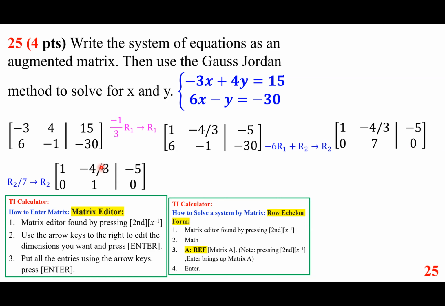To do that, you add 4/3 of R2 to it. When I multiply by 4/3, this remains 0, this remains 0, but this one changes to 4/3. When I add them to the first row, these two don't change, but this one changes to 0. Therefore, it gives me the answer, which is minus 5, 0.